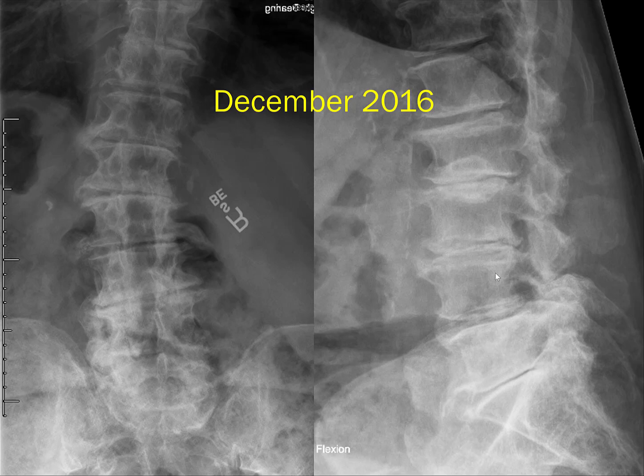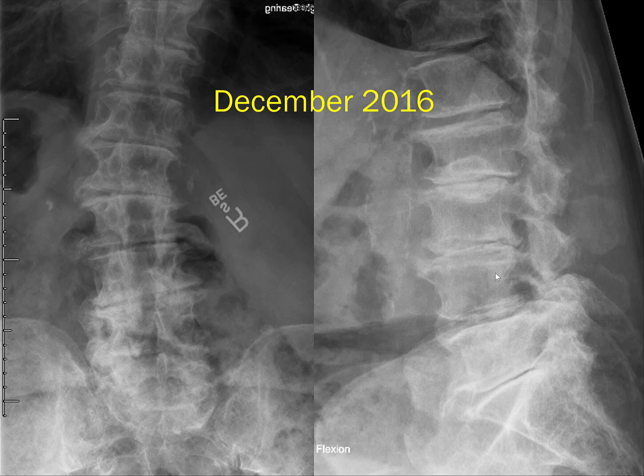So here are his x-rays. Dr. Samir, what do you think of the x-rays? Well, there's multi-level degenerative disease, dextroscoliosis of the lumbar spine. You've got marginal osteophytes, and intervertebral disc spaces are narrowed at multiple levels. On the concavity of the scoliosis on the lateral view, you can see a little bit of anterior osteophytic changes.